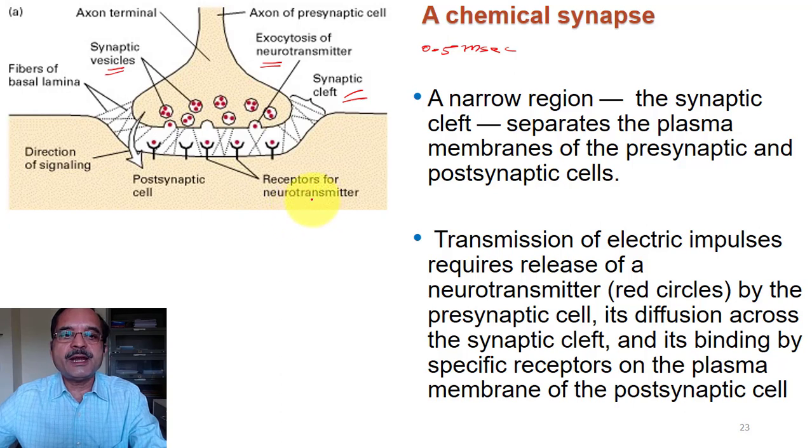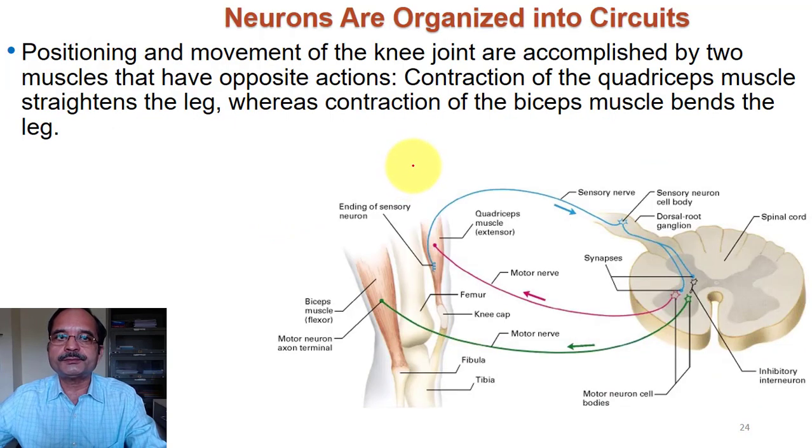If the postsynaptic cell is muscle, the changes in membrane potential following binding of the neurotransmitter may induce contraction, or if it is a gland cell, then the neurotransmitters may induce hormone secretion.